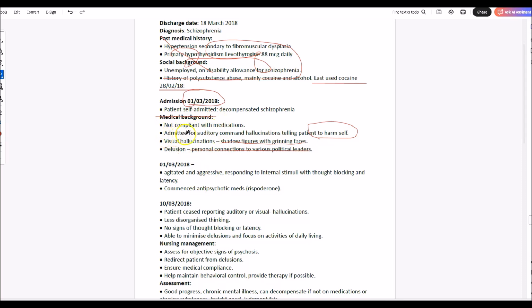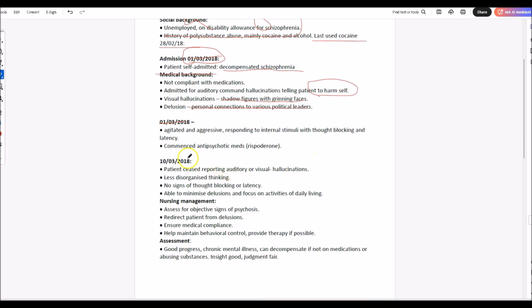It says here admitted for auditory command hallucinations, visual hallucinations, delusion, etc. Then you've got a second one here. Anyway, we can ignore this. We can just say that when she was admitted, she had a bunch of symptoms: hallucinations, auditory and visual, delusions, agitated, and so on.